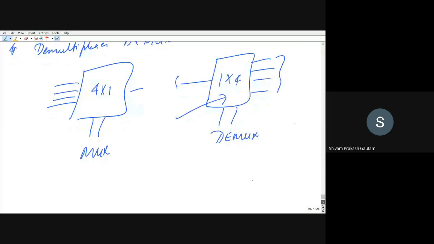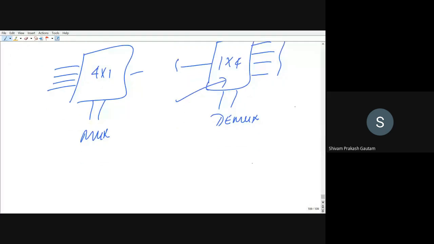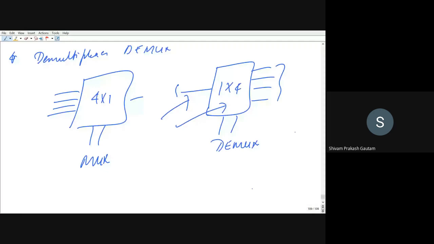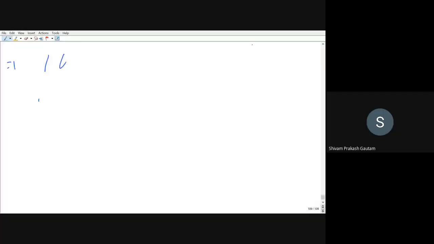So demux performs the reverse operation of mux. It takes a single input, as we can see here, and distributes it into several outputs. So for the first case, we will be taking 1 line to 4 line demux.